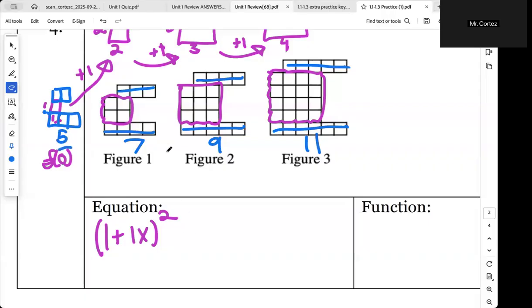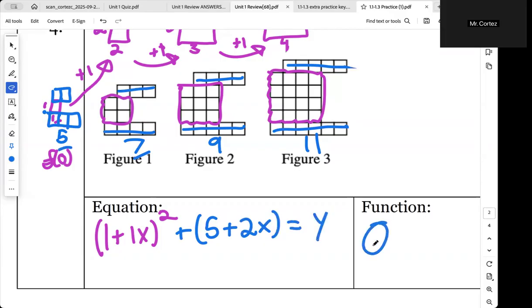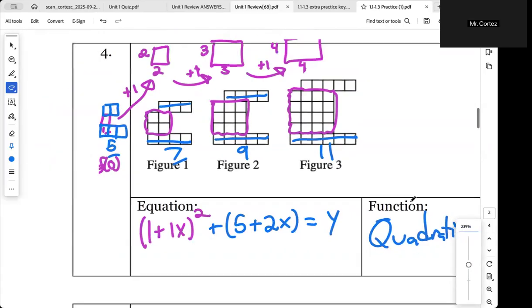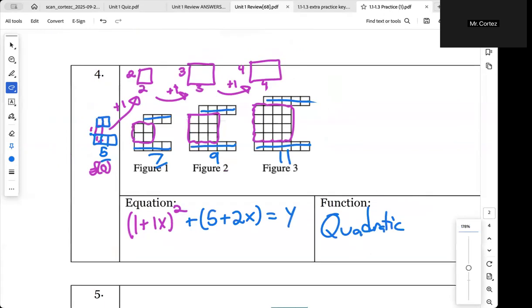So this set of blue that we add on starts at 5, and we keep adding 2 x times, which is definitely quadratic because there's an x squared term in the mix. Take a moment, let that marinate. See you in the next problem.